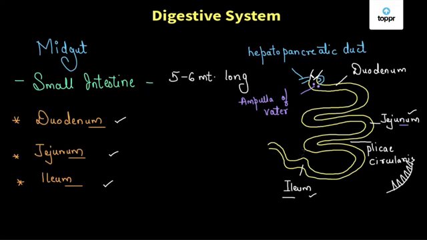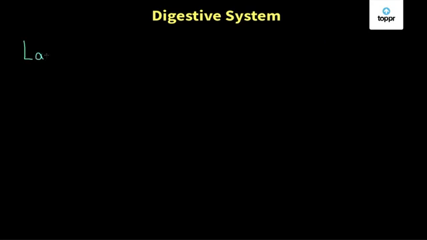Now moving forward, let us see the next part of the midgut, which is large intestine. So the large intestine, okay, so the large intestine is basically divided into three regions.